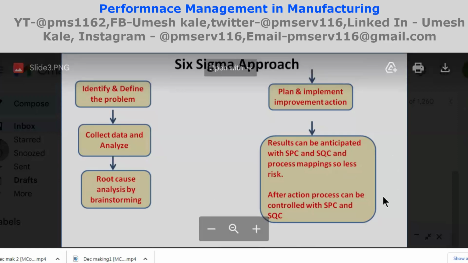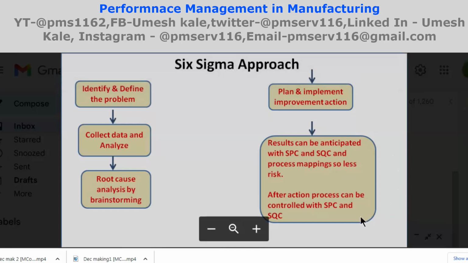Right from the initial stage, in Six Sigma there is team involvement, meaning you have to incorporate people from the yellow belt, green belt, black belt and brown belt for the identification of the problem and problem solving.